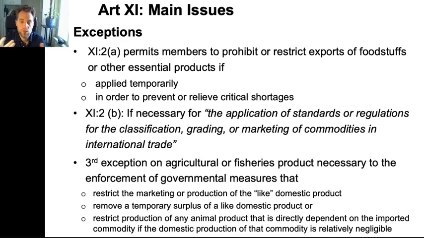Why? Because it was more difficult to export, for example, dairy products, milk products from the European Union. Or, as a third exception, if it is necessary to restrict the production of any animal product that is directly dependent on the imported commodity, if the domestic production of that commodity, however, that's the precondition, is relatively negligible.